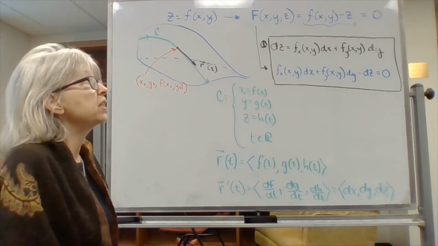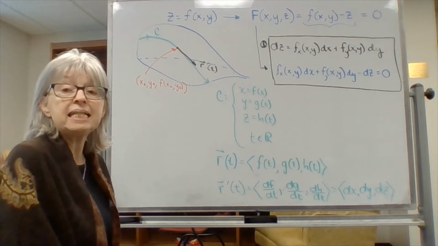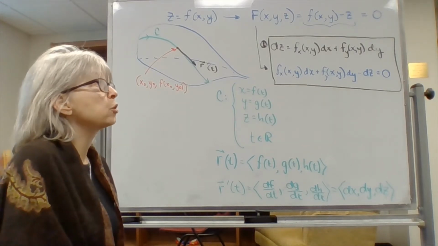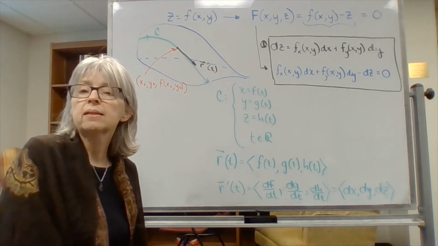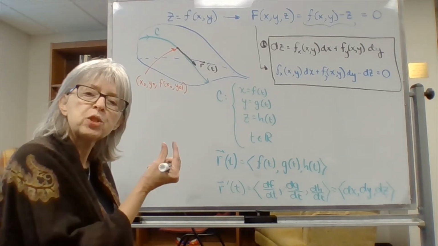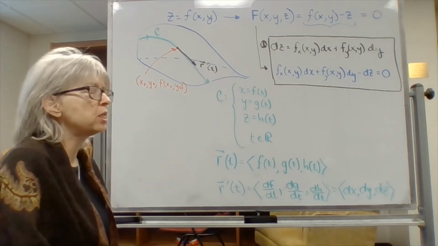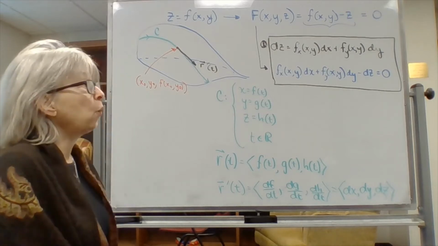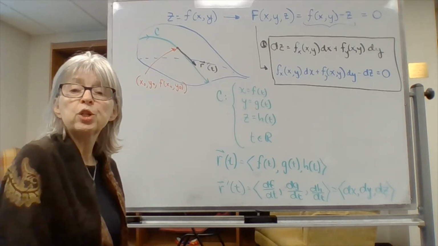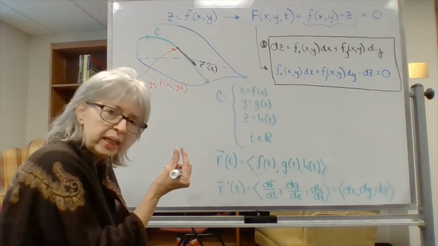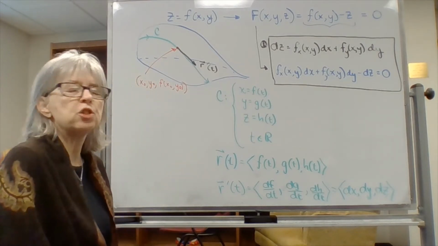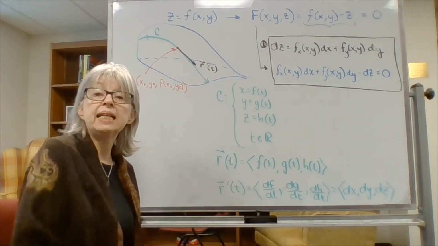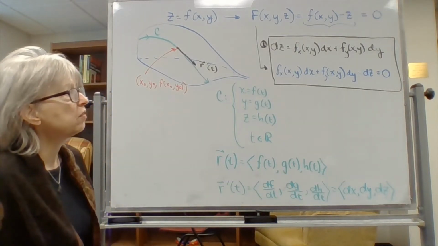The total derivative is given by dz equals the derivative of little f with respect to x, with a dx differential thrown on the end to represent incremental changes in x, plus the partial of little f with respect to y, and then that differential dy on the end of that to again represent those incremental changes in y so that I could talk about taking derivatives in any direction. That's the total derivative.